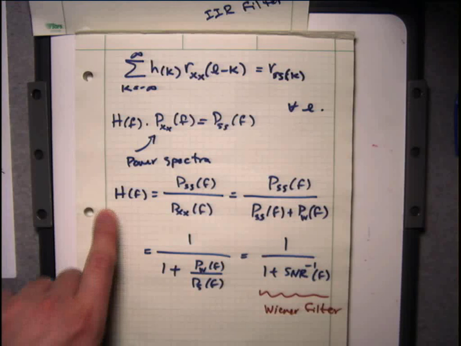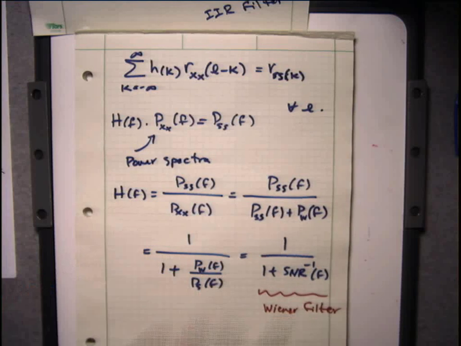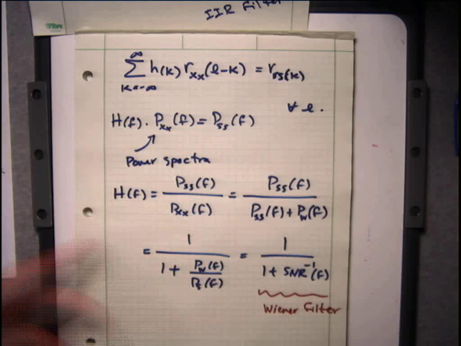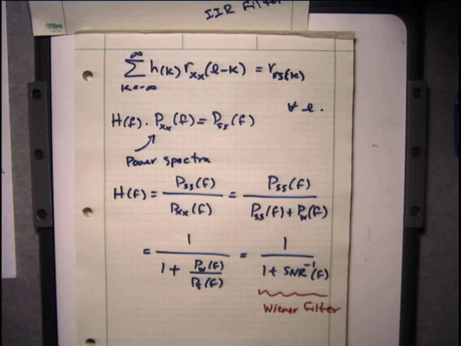And this frequency response just tells you how to filter the data according to the spatial frequency at which the SNR is higher or lower. Okay? Does this make reasonable sense?